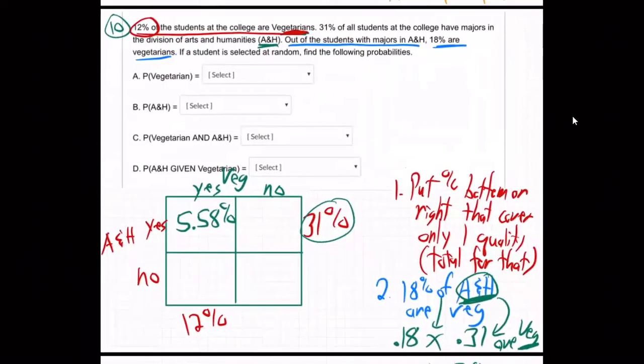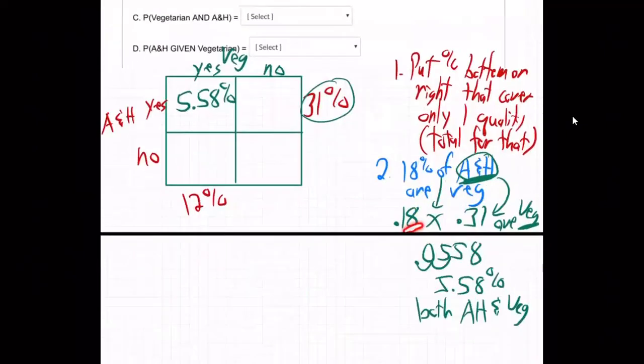They implied the word of. They said out, well, they did use of right there. Out of the A and H people. Of, that means you're going to multiply. Of means multiply, always. When they say of the A and H people, 18% are vegetarians, I rewrote it, 18% of the A and H people are vegetarians. So that means 0.18 times the A and H people, which is 0.31.